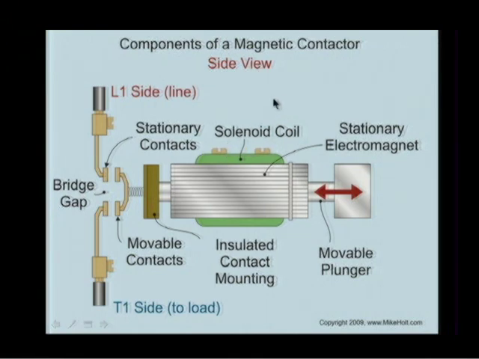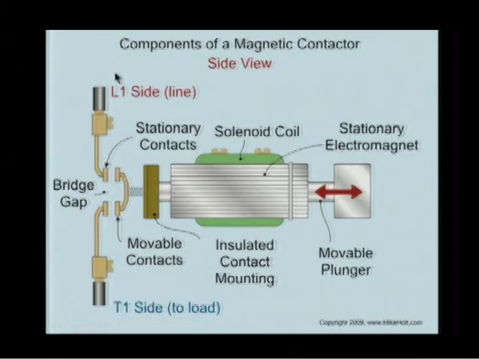Let's say this was a 24-volt coil. If we applied 24 volts to the coil, we would energize it. It would create a magnetic field, and the armature, which is what moves back and forth, would be pushed in, and that would close the contacts between line 1, making power continue on to terminal 1. Now that's just showing one contact.